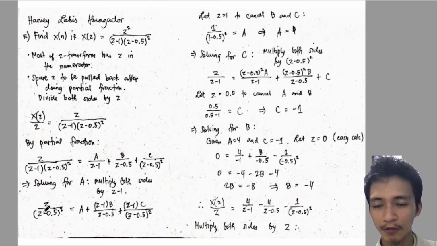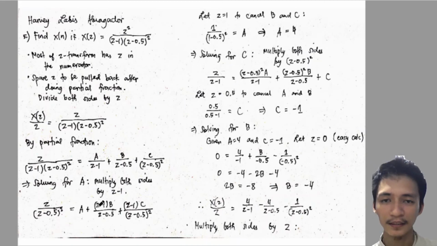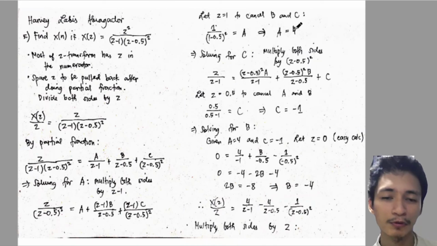We get z over (z minus 0.5) squared equals A plus (z minus 1) times B over z minus 0.5 plus (z minus 1) times C over (z minus 0.5) squared. Now we let z equal 1 to cancel B and C. So when that happens, we have 1 over (1 minus 0.5) squared equals A, which implies A equals 4.